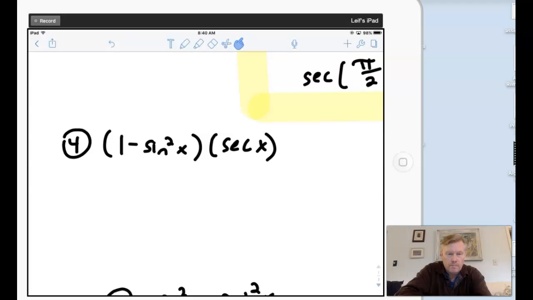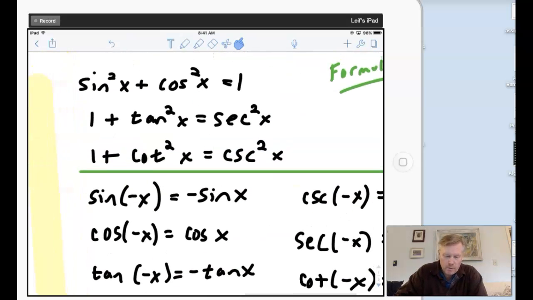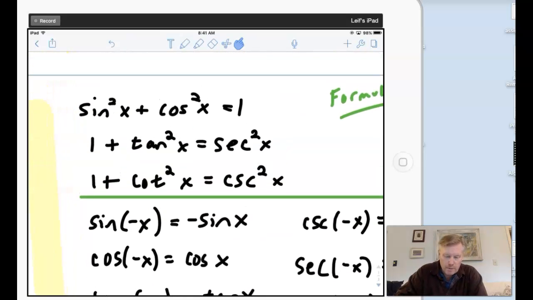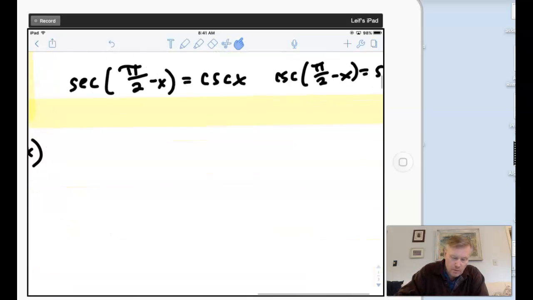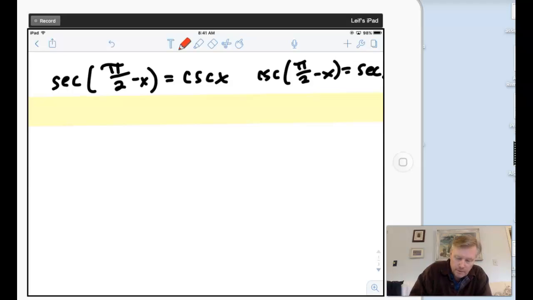Okay, number 4. With number 4, I am looking at 1 minus sine squared, and I'd like to change that. So I'm going to look back up at my formulas, and I don't see a 1 minus sine squared, but I do see sine squared plus cosine squared equals 1. Now that equation can be manipulated.